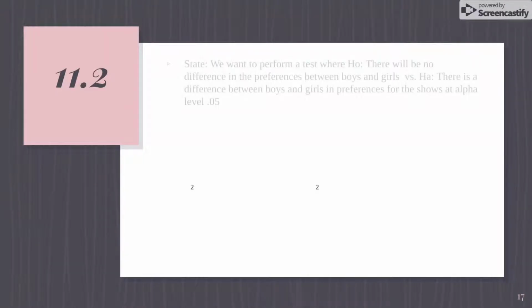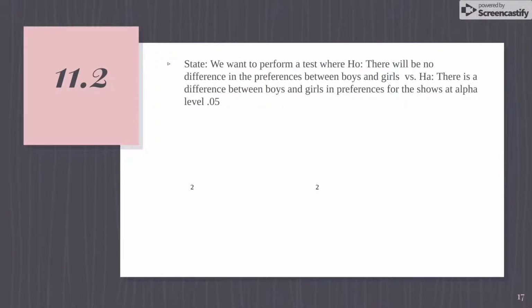So first, we'll do our state. We will say we want to perform a test where H0, there is no difference in the preference between boys and girls, or we can say that they're equal to each other, versus HA, that there is a difference between boys and girls preferences in the shows at alpha level 0.05.